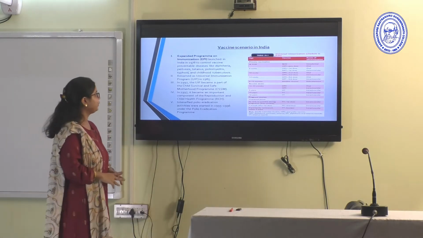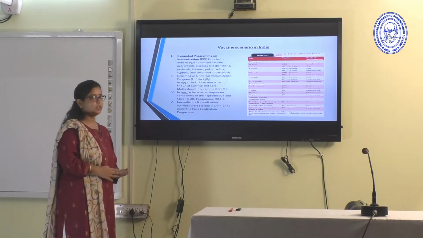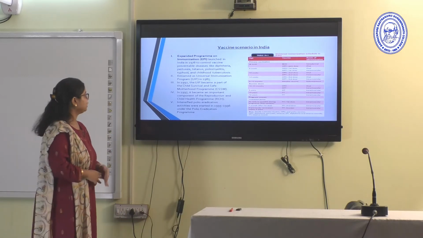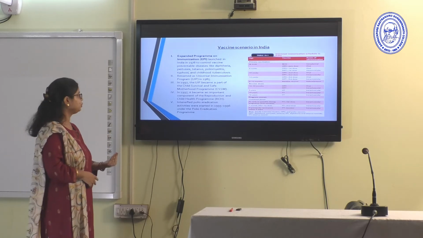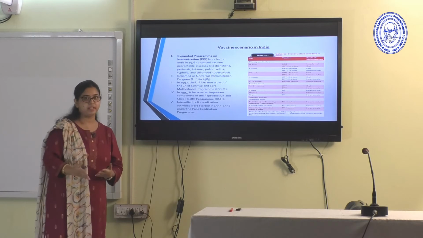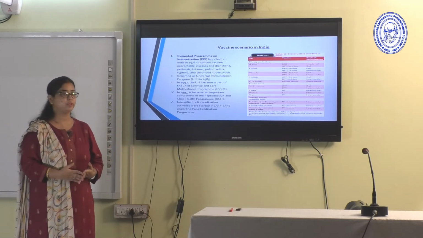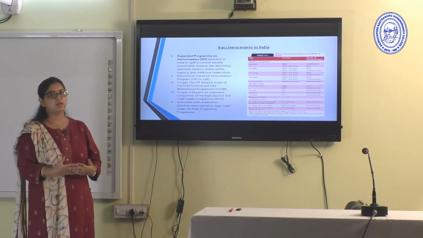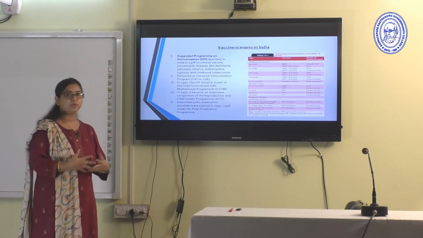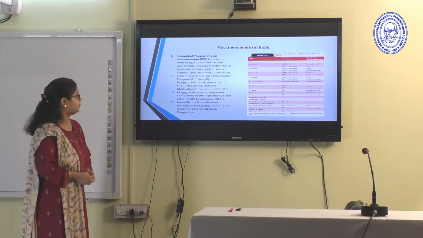The vaccine scenario in India has improved a lot. If we see from the early 1970s to 2021, the vaccine scenario has improved a lot. The government is trying to cover a larger range of people at the same time.